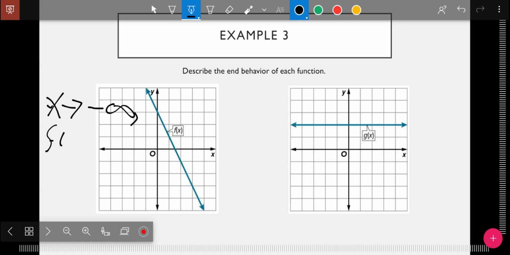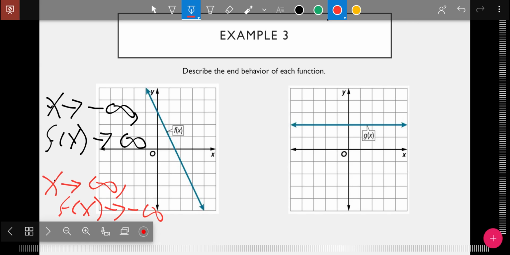F of x approaches up. Positive on the y is up. Negative on the x is left. And then as x goes right, positive on the x is right. F of x is going down, so negative infinity.